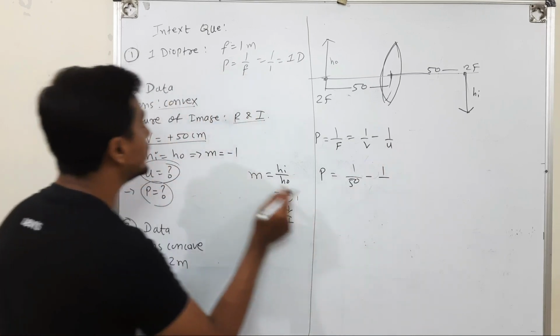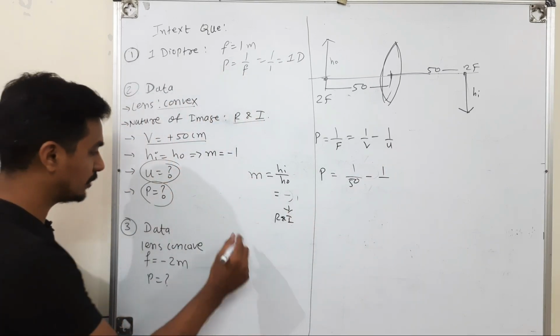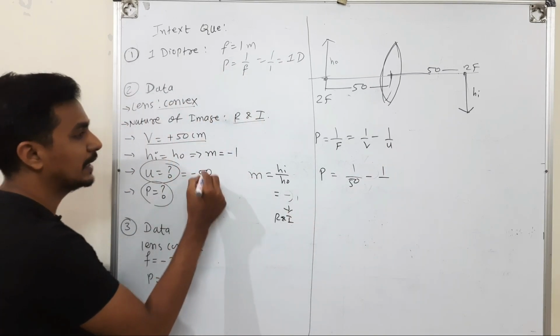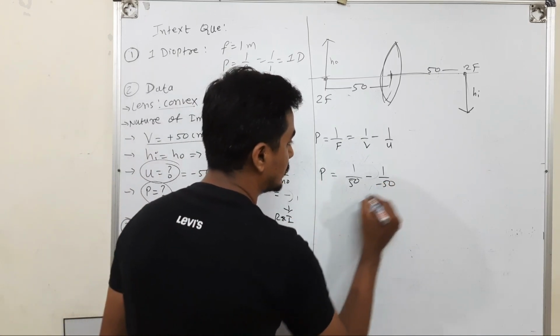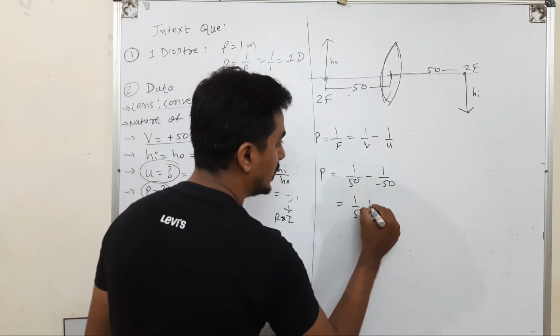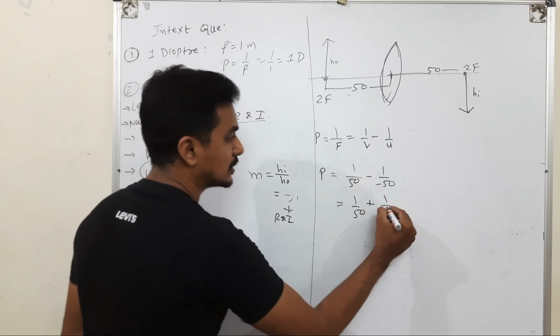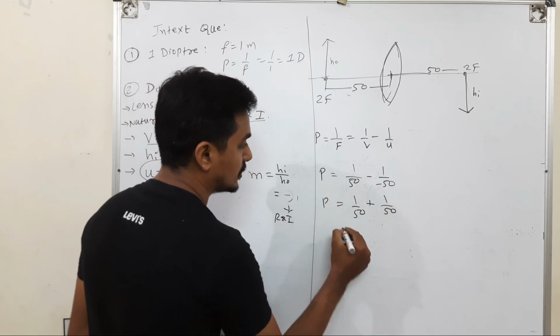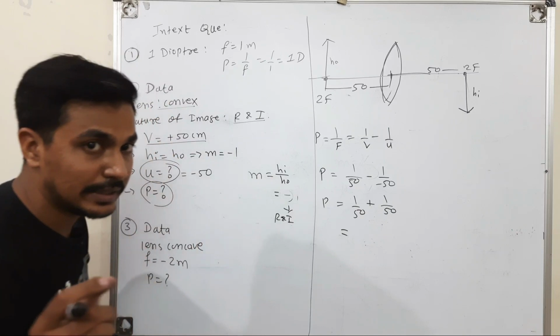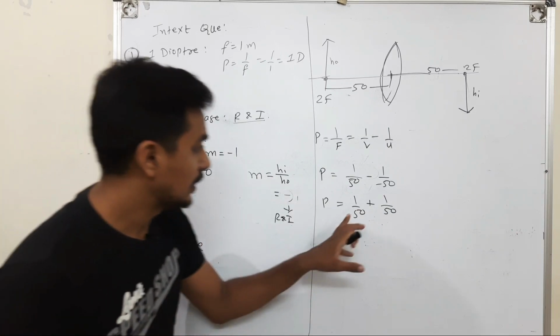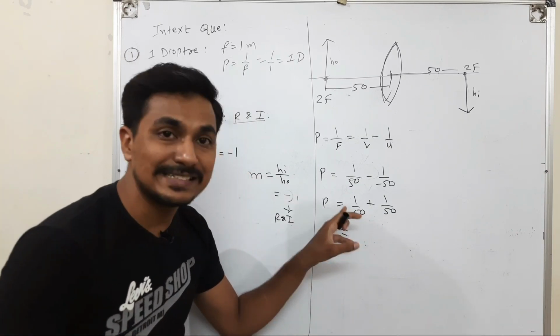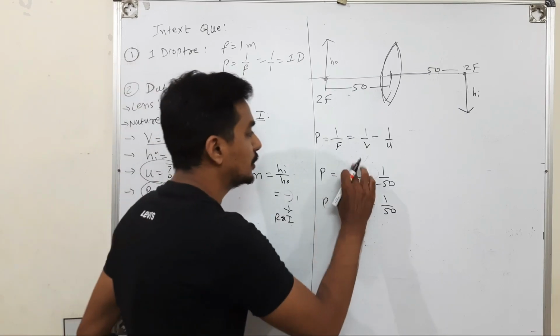What is u? u we have obtained, it is minus 50. So 1 by 50 plus, minus minus plus, 1 by 50. Here this 50 is in centimeter, so we need to convert that into meter.